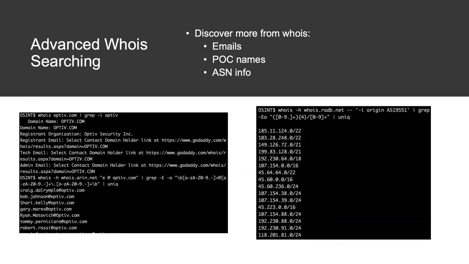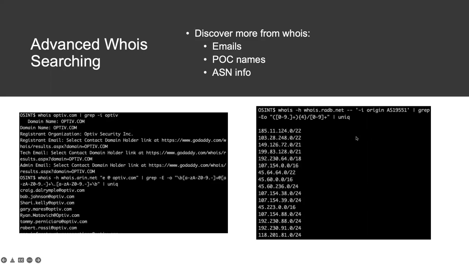Down here, it shows a lookup on the email addresses tied to that specific domain, and you can see these are some of the addresses documented in the registration record for that domain.